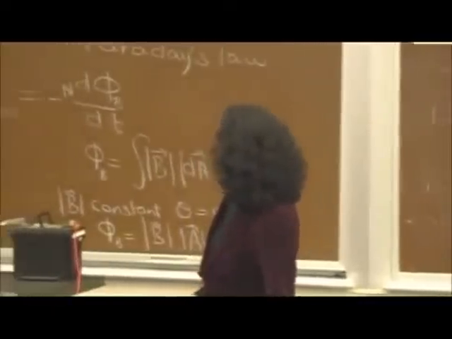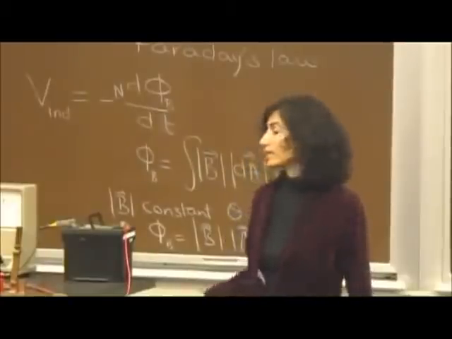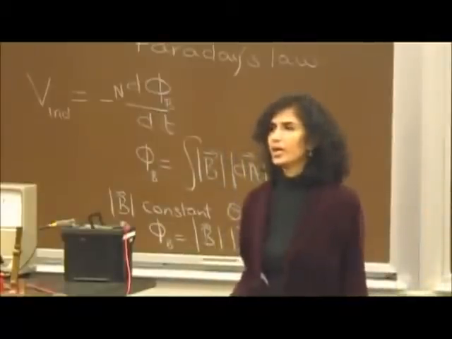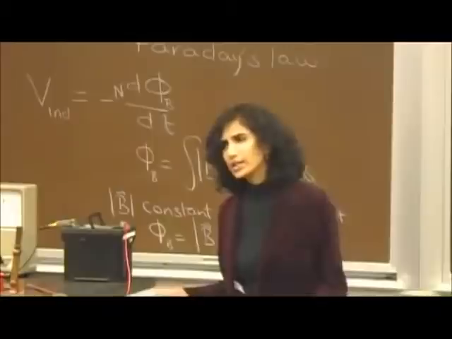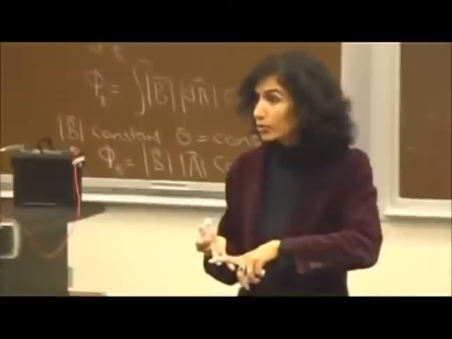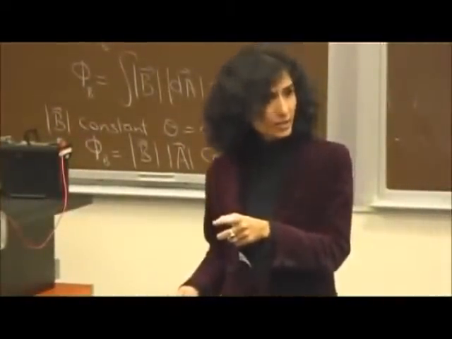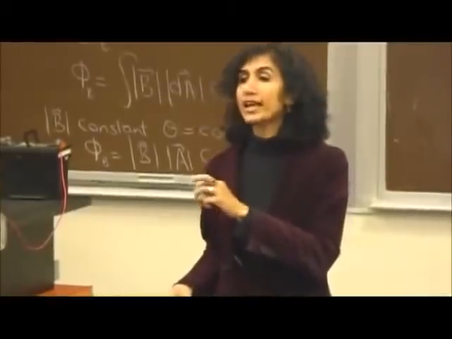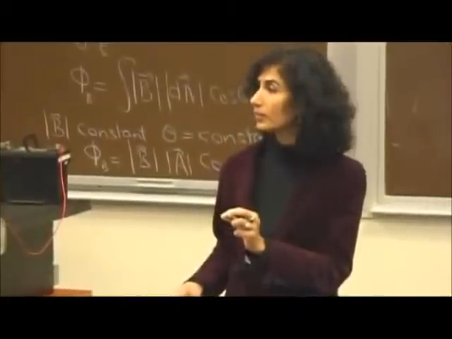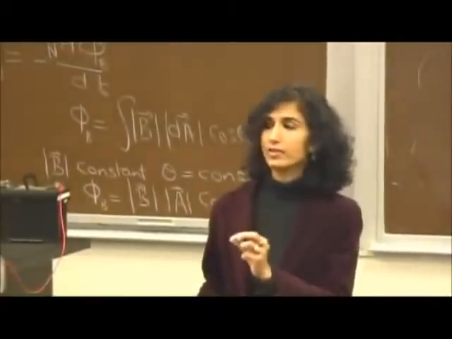Okay, then now we are going to talk about circuits that actually have an inductor, that means a coil, and a resistor. Remember, so far we have talked about circuits that have resistors only, circuits that have capacitors only, and circuits that have resistors and capacitors. Let's now talk about circuits that have an inductor and a resistor.